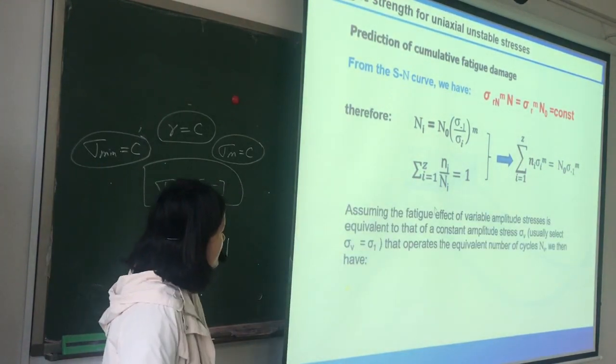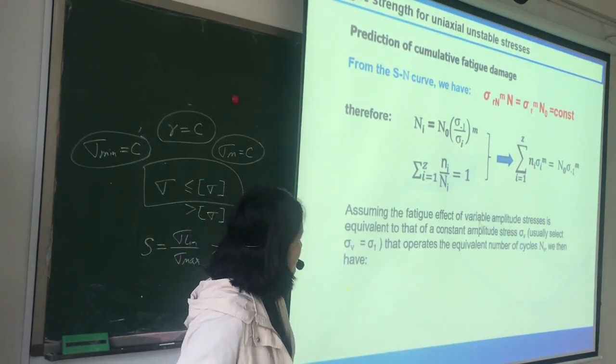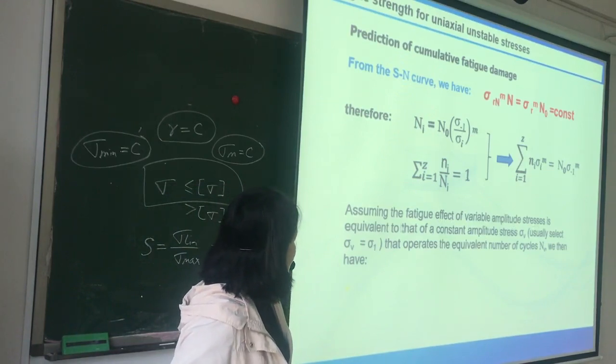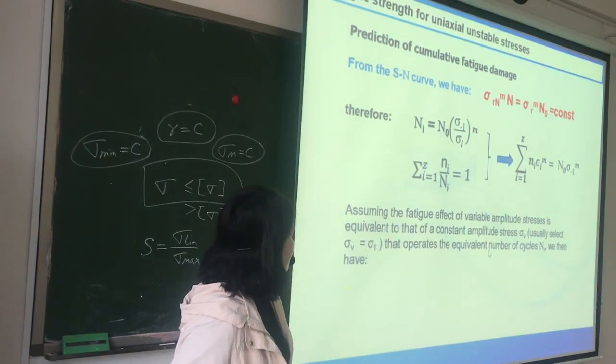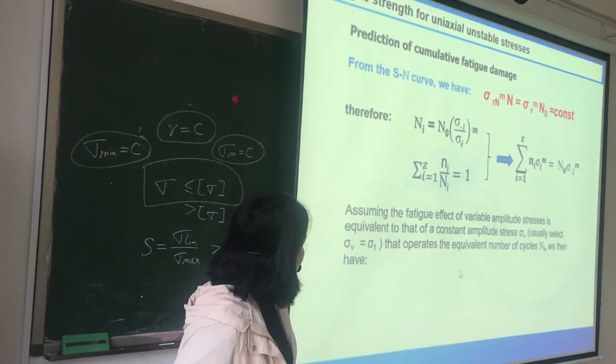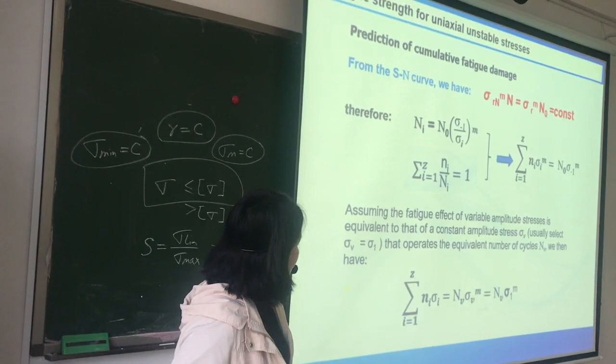And assume the practical effect of variable amplitude stress is equivalent to that of a constant amplitude stress sigma v. Universally select sigma v equals sigma 1, where sigma 1 is the maximum stress, and that operates the equivalent number of cycles big Nv. We have this equation.